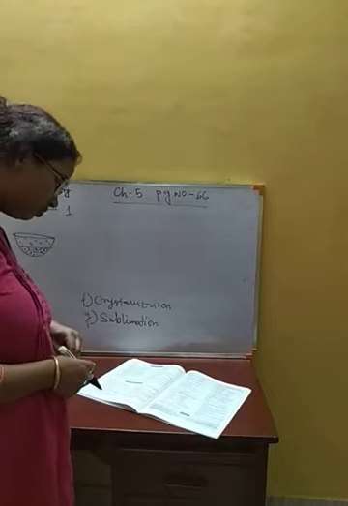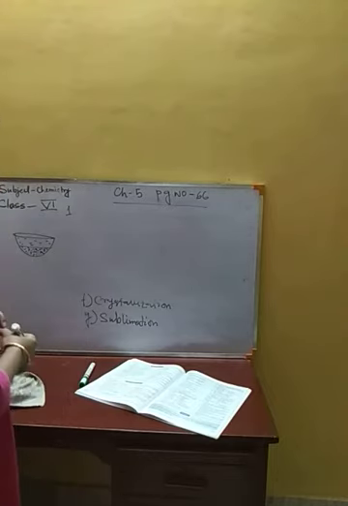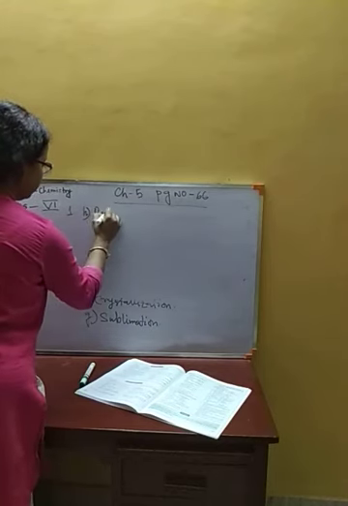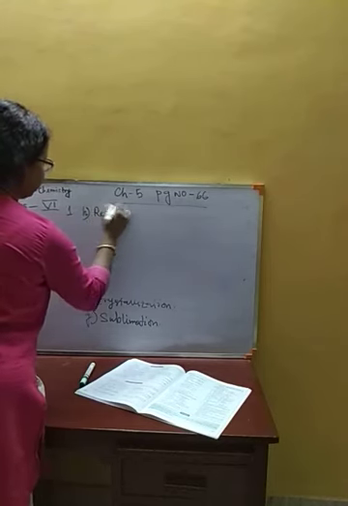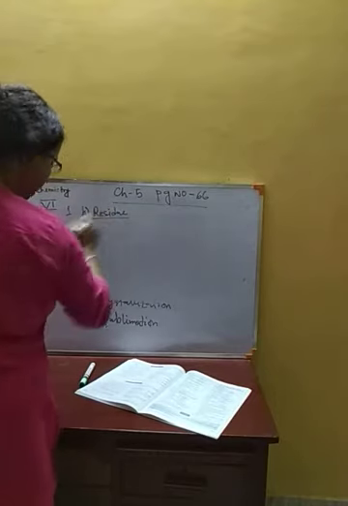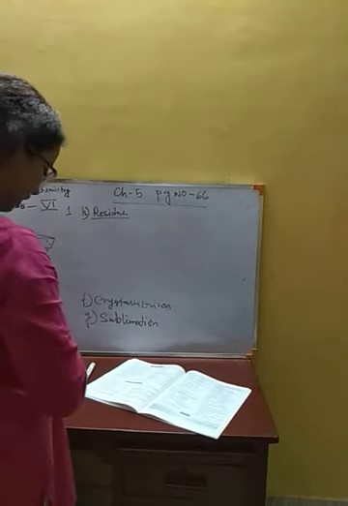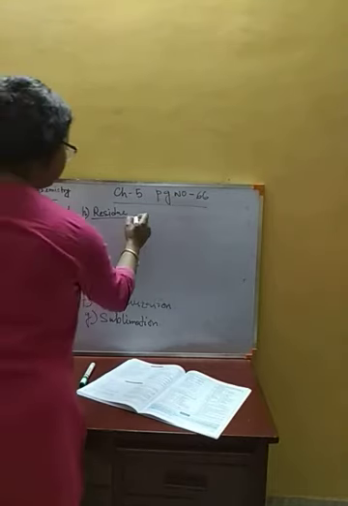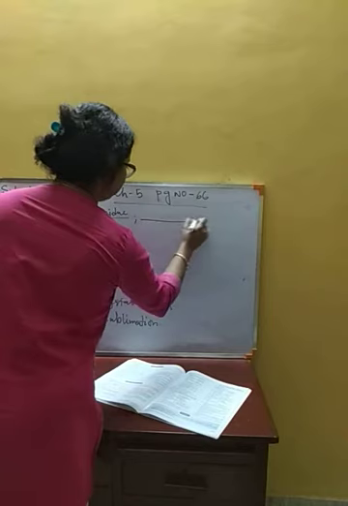So, which remain on the filter paper, this will be called residue. And the liquid which passes through it is called dash. So, the second one will be filtrate.